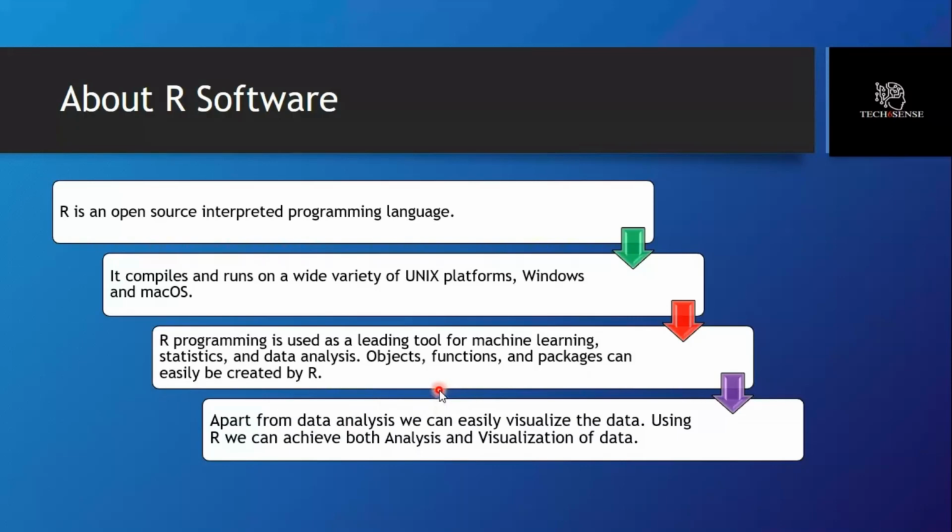We can use the R software for data analysis as well as to visualize the data. Both objectives can be achieved using the R software. But if you use another application, you cannot complete the data analysis part as well as the visualizations of the data. For that case, you need two separate applications.